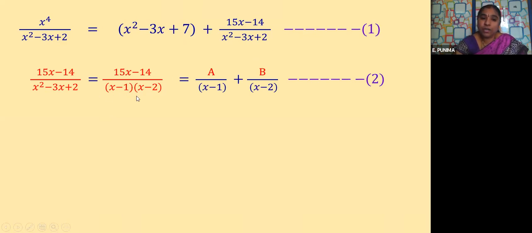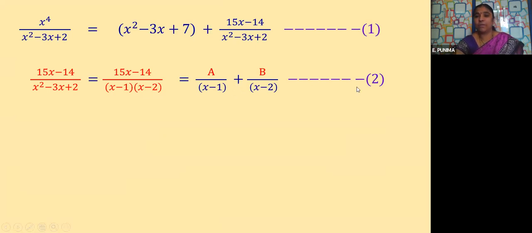Now what kind of factors are they? They are irreducible, non-repeated linear factors. So for the first one we get one partial fraction, and for the second one we get another partial fraction. So what are they? A by x minus 1 plus B by x minus 2.